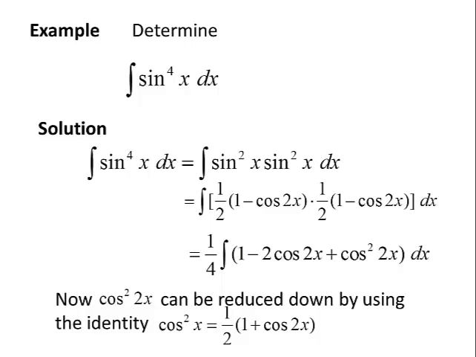But there's one caveat. Our power reducing identity says cosine squared x is equal to 1/2 quantity 1 plus cosine 2x. So when we use this identity on cosine squared 2x, we have to make sure that there's a 2x here and there's a 2x here.